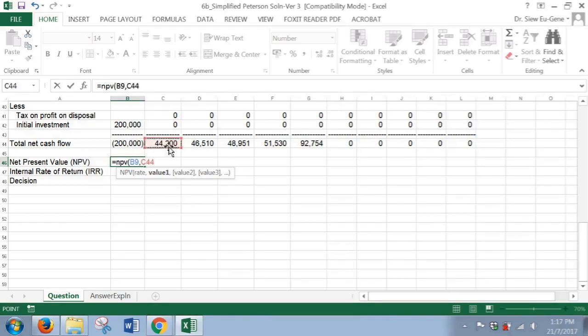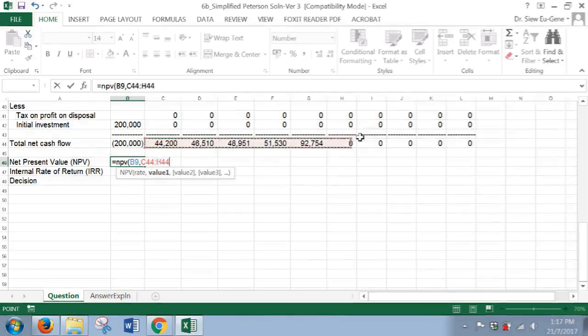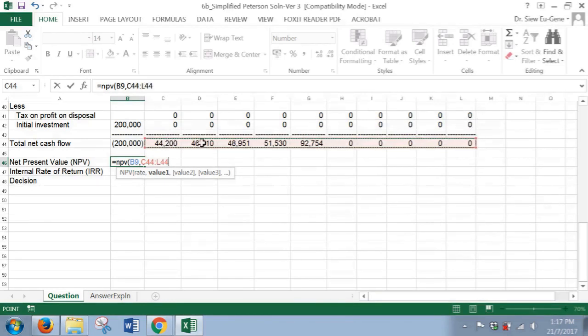So you select C44 to L44. You go in the middle of the cell and then drag until L44. Close the formula, add this B44. You notice that B44 is already a negative, so I don't put a negative sign.